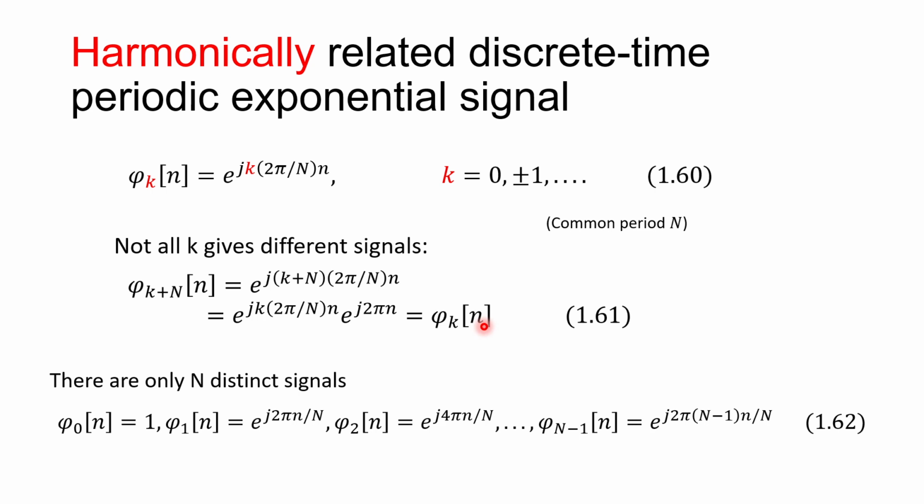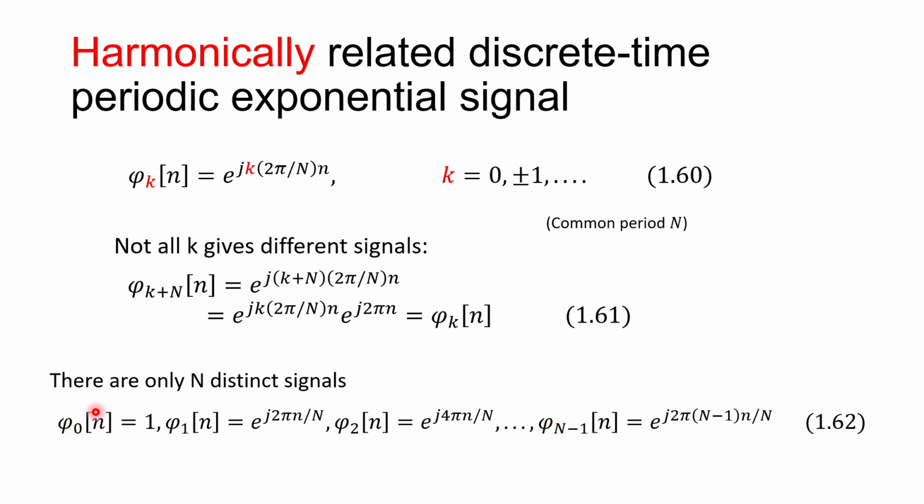So actually there are only big N of those signals that are different from each other, because omega only goes from 0 to 2 pi, and they start with 2 pi divided by N, and you count, and you see that there are only N different ones. So only N meaningful k, that is k from 0 to N minus 1.